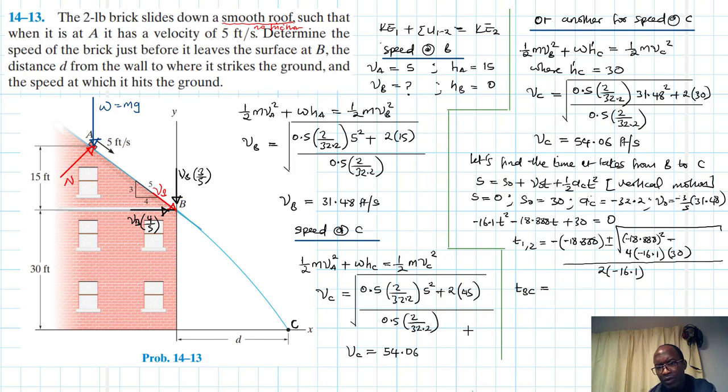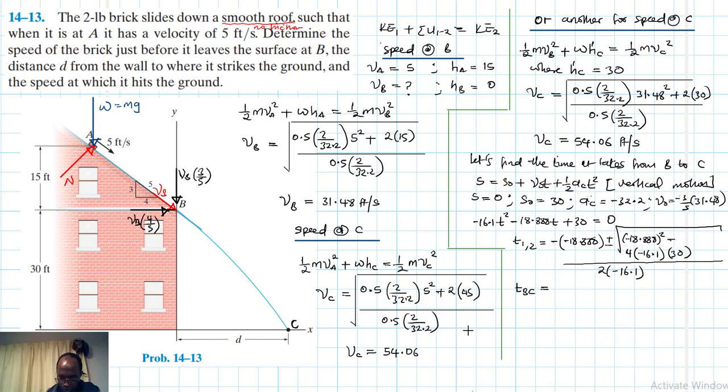There we go. Then we need the minus, right? So we'll say this minus, then plus 18.888, then divided by 2 by 16.1 negative.